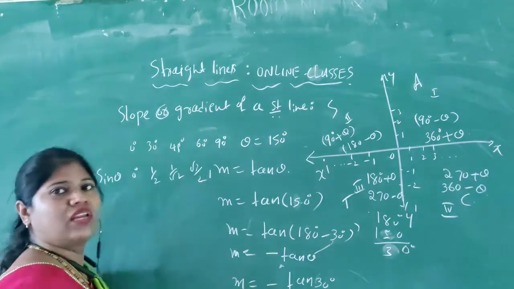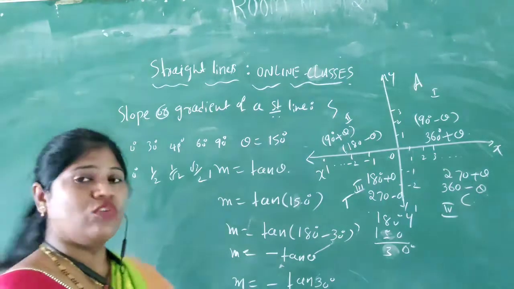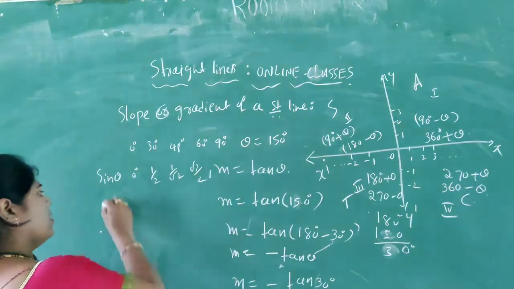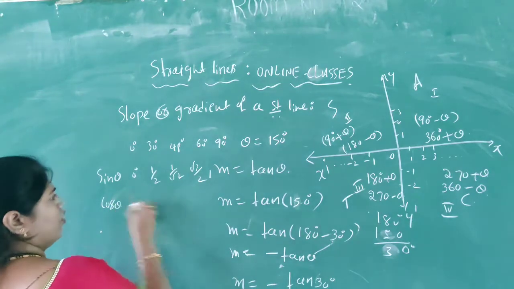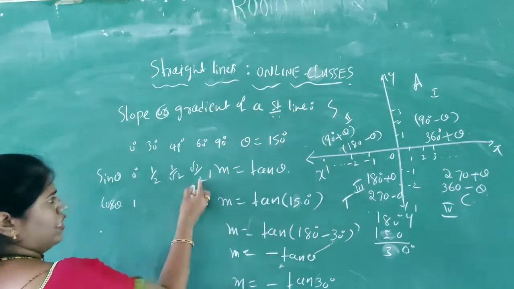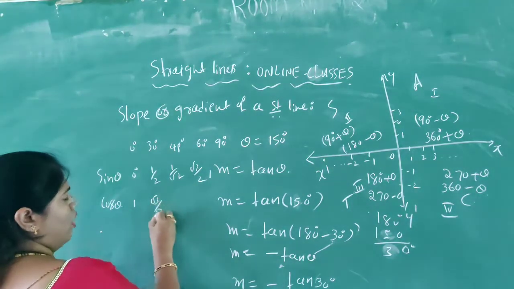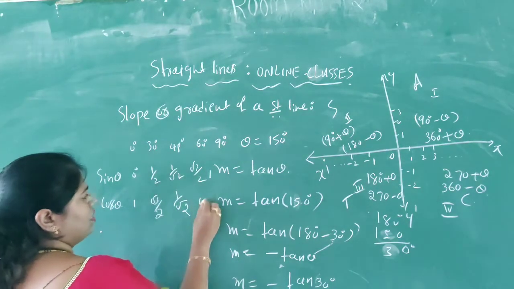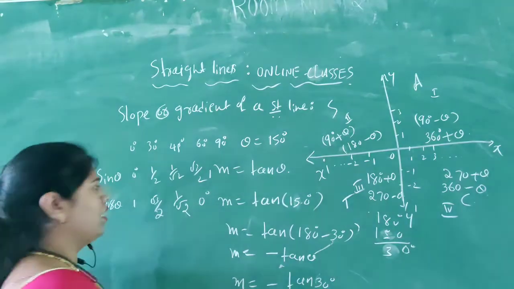If you know these values, it is very easy to find the cos theta values. Cos theta is in reversing order: 1, root 3 by 2, 1 by root 2, 1 by 2 and 0.